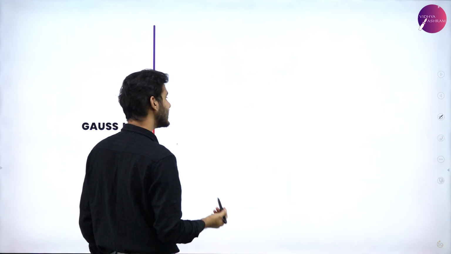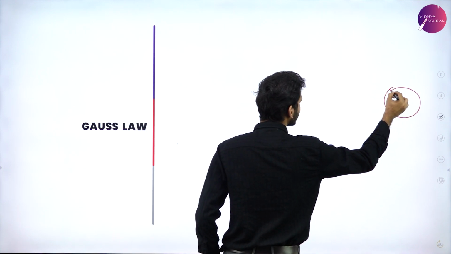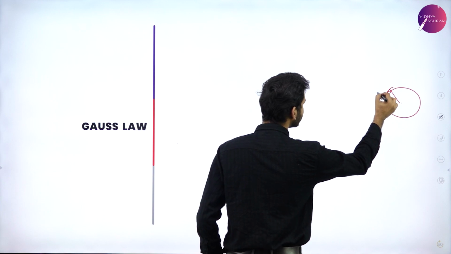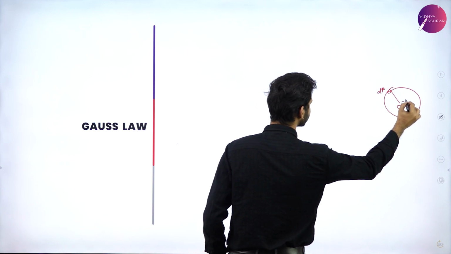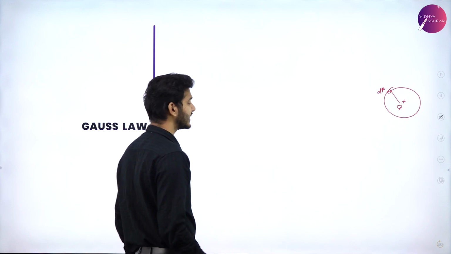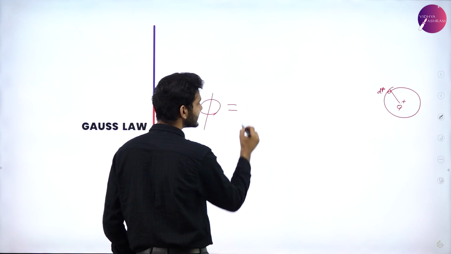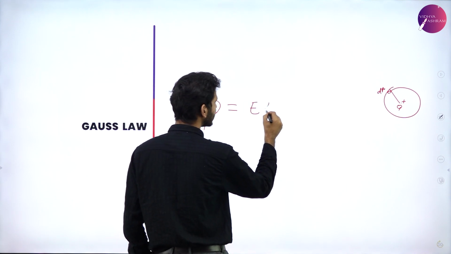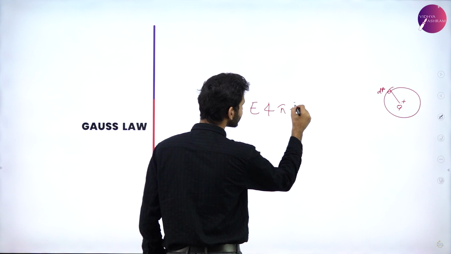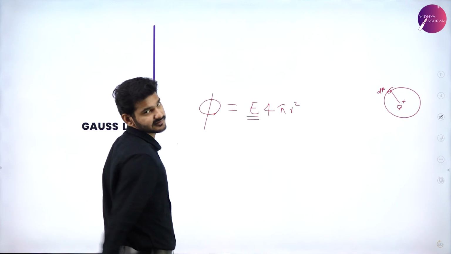So if you take a closer look, let's say this was the sphere and this was the small area we have taken, dA, and this was the charge. We found out that flux phi is equal to E times A, and the area was 4 pi r square, and we know what E is.